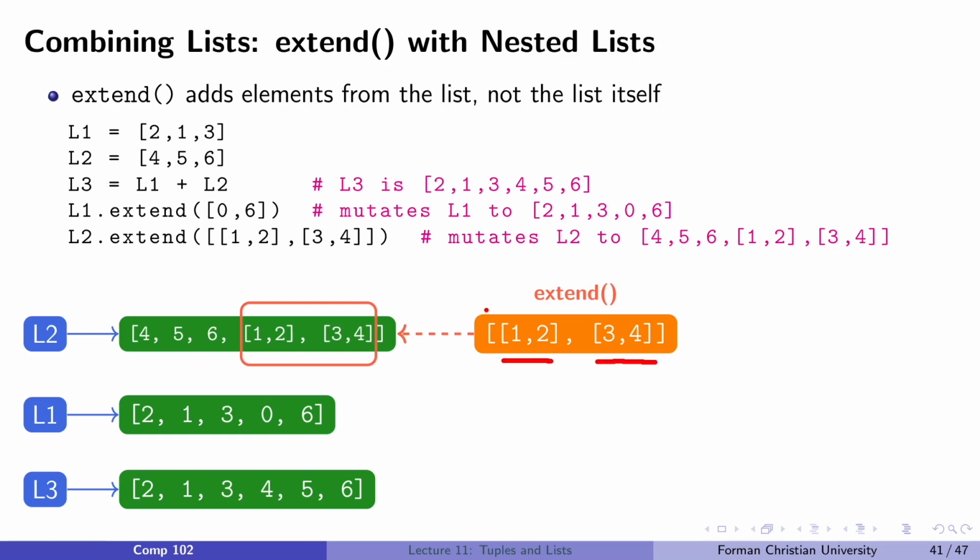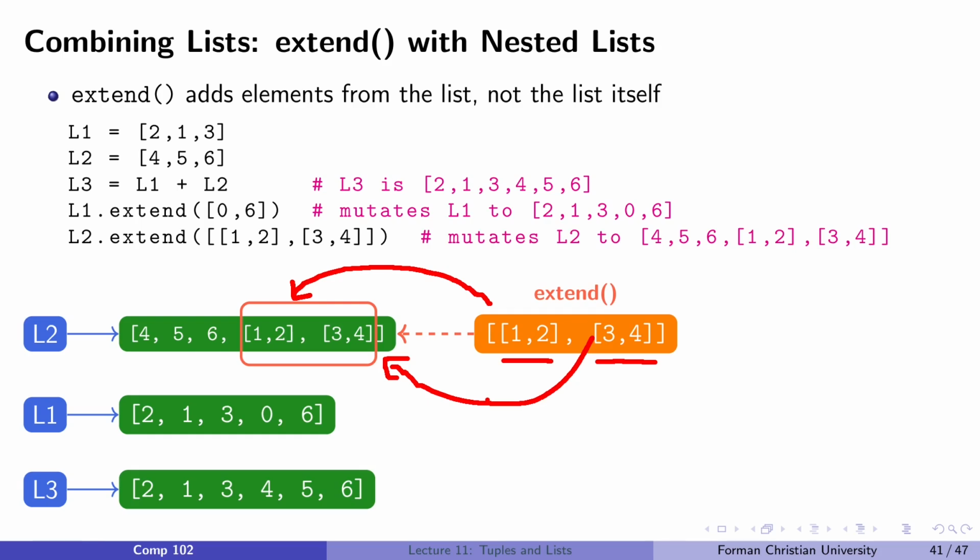So when you extend, these 2 items will be added to L2, just like so, as individual elements. So L2 becomes 4, 5, 6, and then a list 1, 2, and then a list 3, 4. So the total number of items that L2 has is 5.